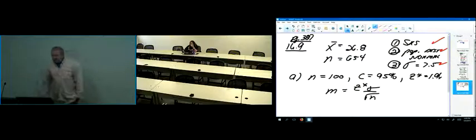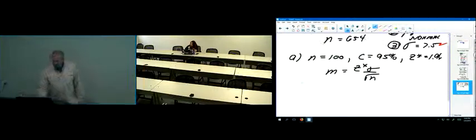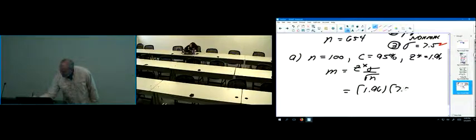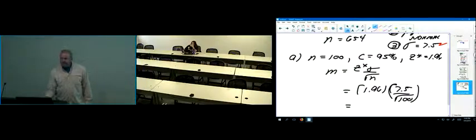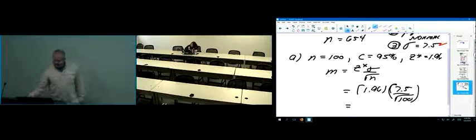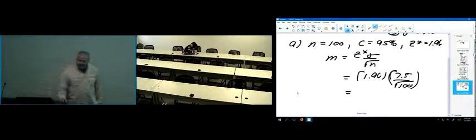Right? So what's my margin of error here? Plug in what you've got. Z star is 1.96. Sigma is 7.5. The square root of 100. What do I get for my calculation here? 7.5 divided by 10 times 1.96 is going to give me a margin of error.